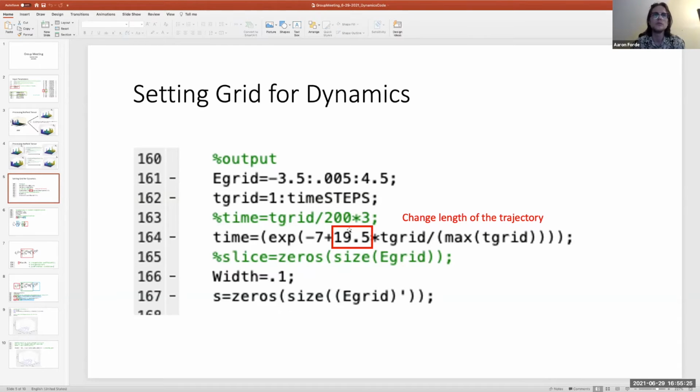That's the number I usually increase or decrease, depending which way I want the simulations to go. So that's just setting up the grid.